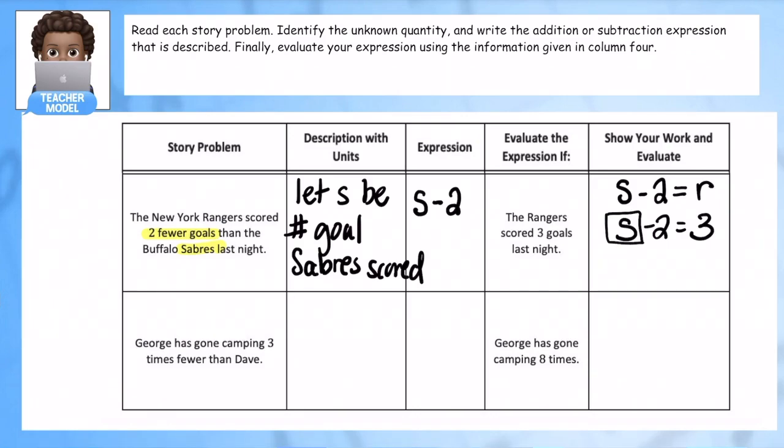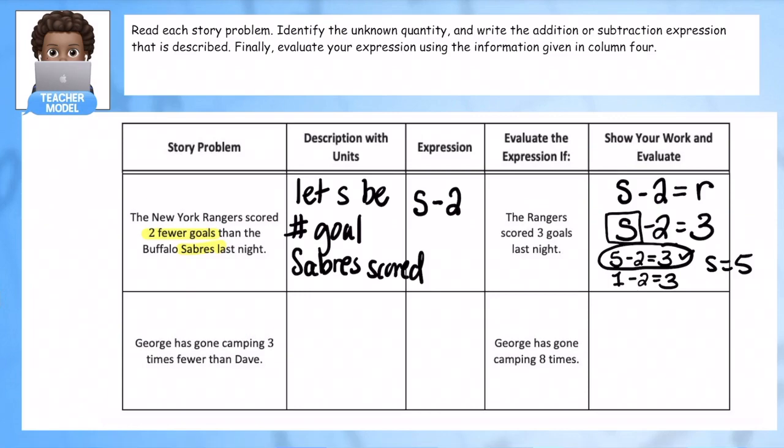So let's play both and tell me which of these statements is true. 5 minus 2 makes 3. 1 minus 2 makes 3. One of these statements is true and one is false, and it would be the top one. So if the Sabres scored 5 goals and the Rangers scored 2 less, they would have 3. So this makes the most sense. This tells us how much the Sabres scored. S equals 5.